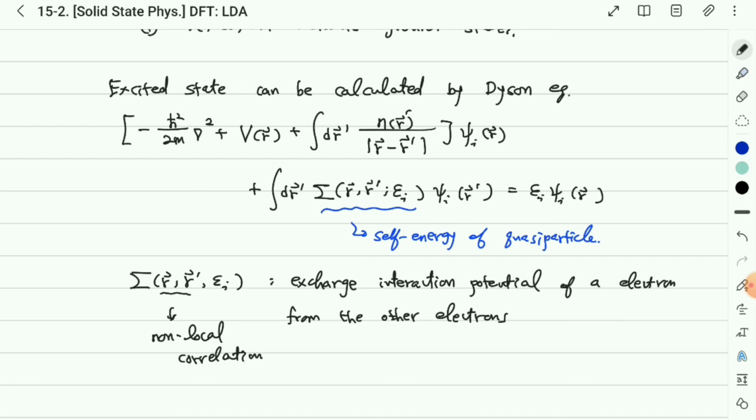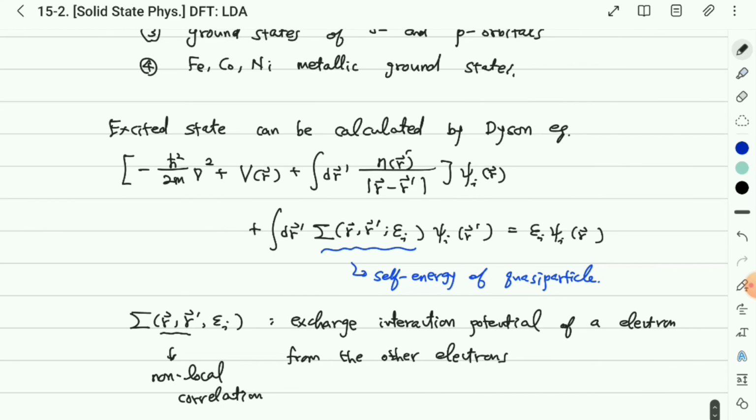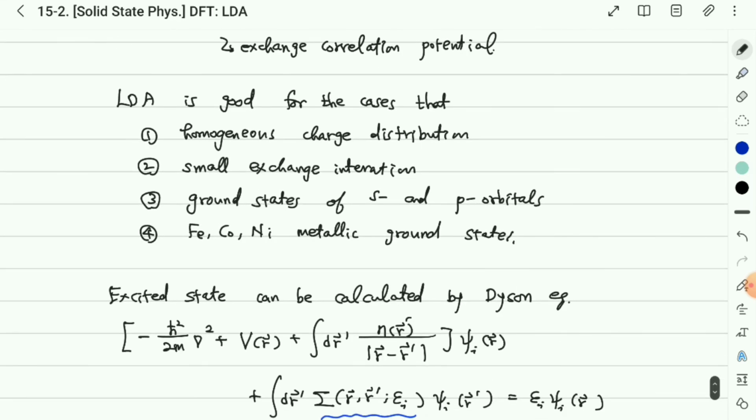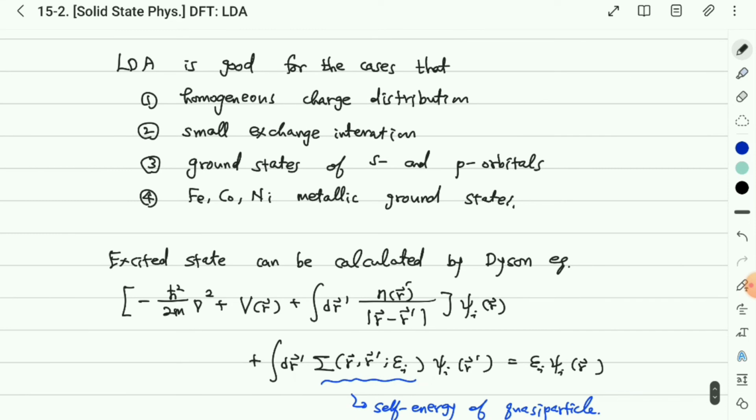Solving this Dyson equation is what we call GW. We should use the GW approximation, and the GW approximation will be introduced later.